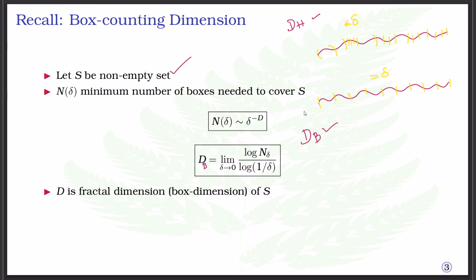Then based on that, the multifractal measure will be calculated. So the multifractal measure is a more appropriate measure to classify fractals compared with the box counting and the Hausdorff dimension.